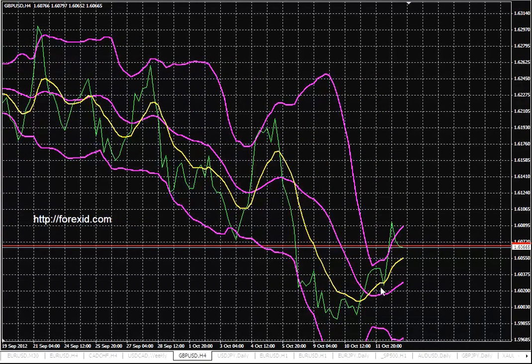Just watch those patterns. So, what do we have here and now? We have signals that show us that the uptrend is strong and it's going to continue.